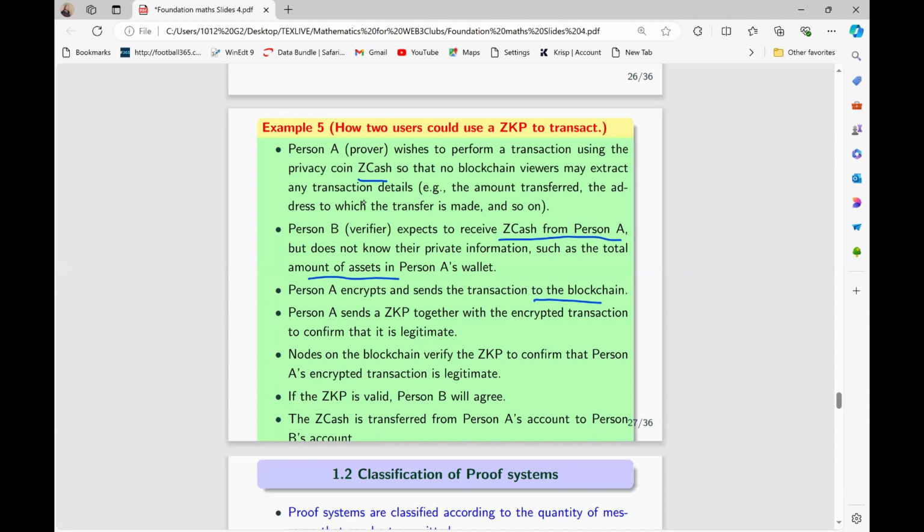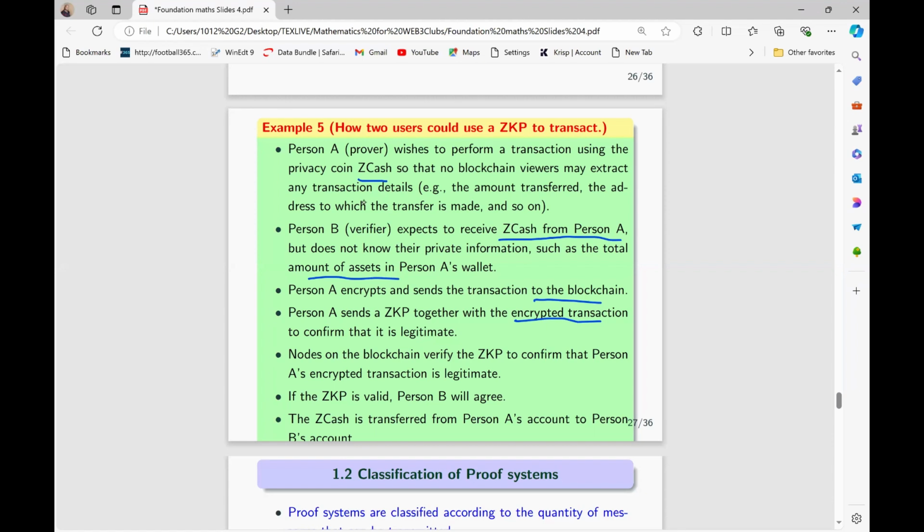And then the other thing that person A will do, you remember this is the prover, who wants to send Zcash to person B, is that using zero knowledge proof, he will send his proof, the zero knowledge proof, together with the encrypted transaction, to the blockchain.